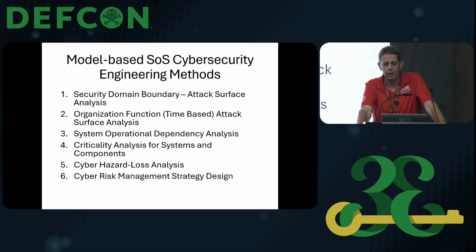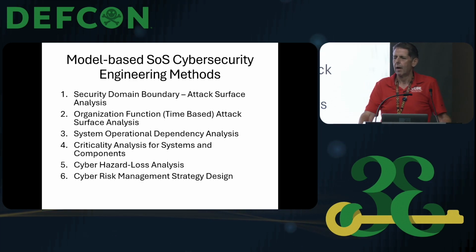So I've developed 6 methods. Actually, there's a few more, but I just mentioned them to you if this is something new to you for the first time. But I have security domain boundary and attack surface analysis, modeling techniques, organization function, time-based, how their behavior impacts the attack surface structure and condition, system operational dependency analysis, what they call SOTA.